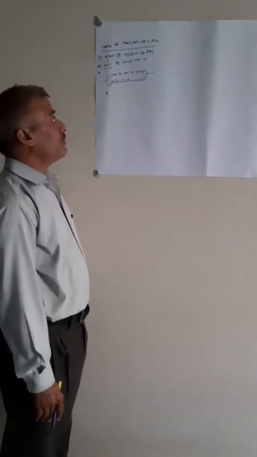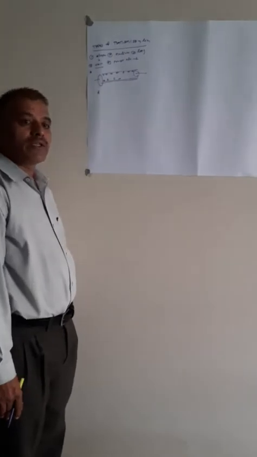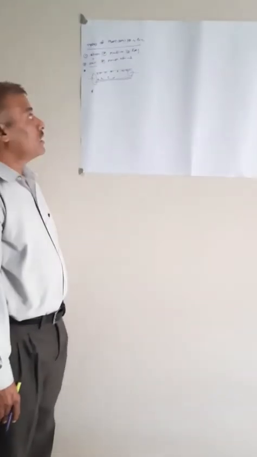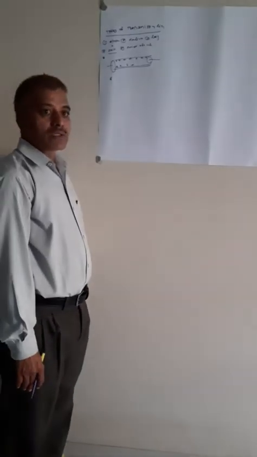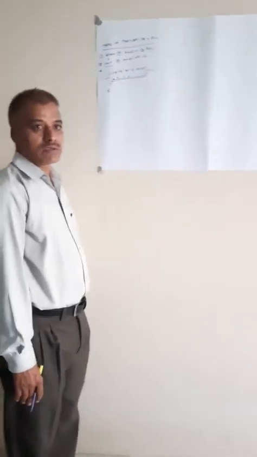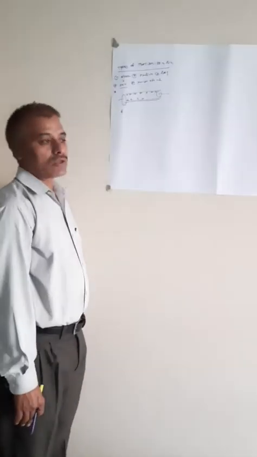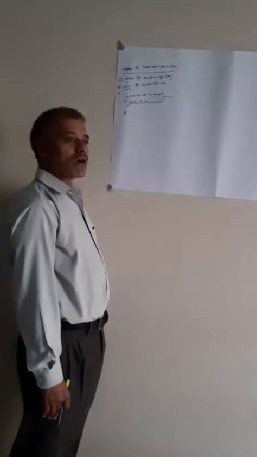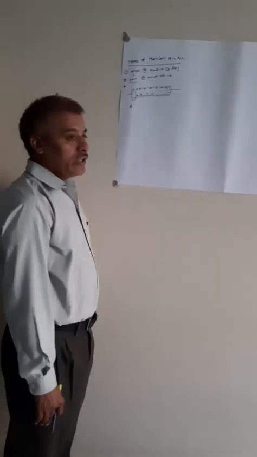Then the second one is the Ferranti effect. This Ferranti effect is also very important from the exam point of view. When we study the different components of the transmission line, there are three components: resistance, inductance, and capacitance. This Ferranti effect occurs commonly in the long transmission line.